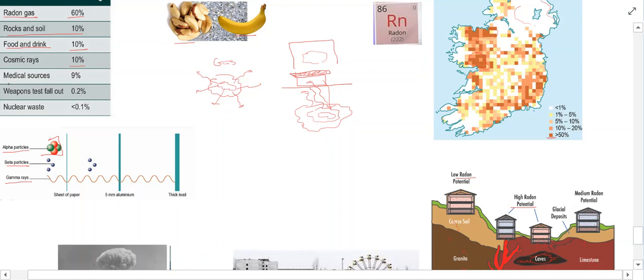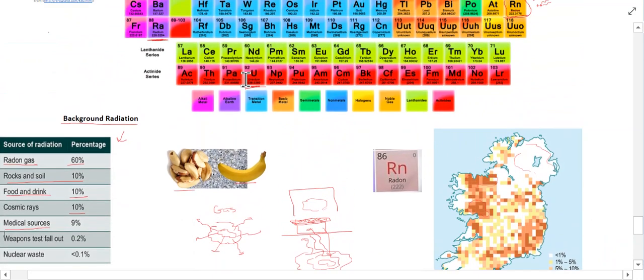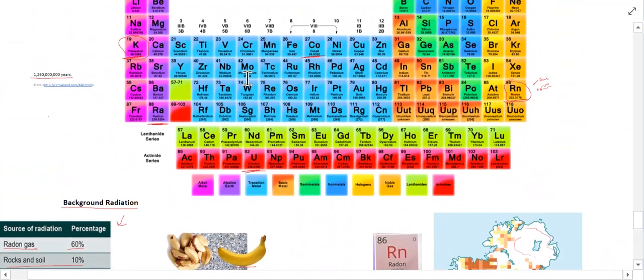We have then, let's say, medical sources. So if we take, for example, the radioisotope known as cobalt. Cobalt is an element, and there's an isotope of cobalt called cobalt 60.